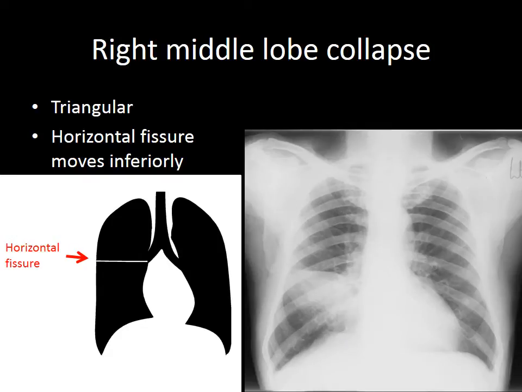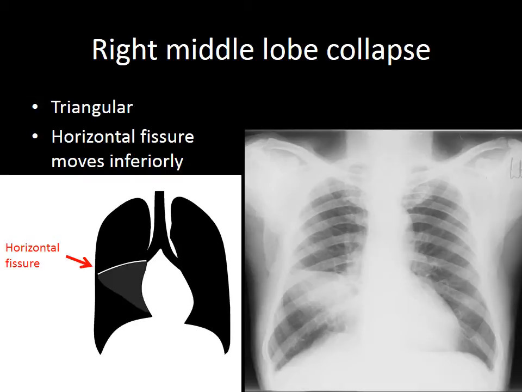Right middle lobe collapse. On a frontal chest X-ray, a right middle lobe collapse has the horizontal fissure above it. When the right middle lobe collapses, it collapses downwards. The downward collapse causes loss of the horizontal fissure and loss of the right cardiac border silhouette.